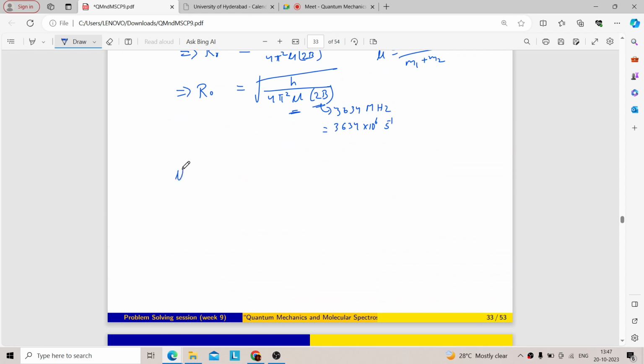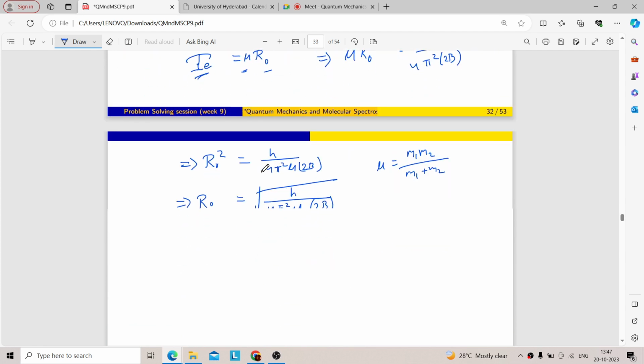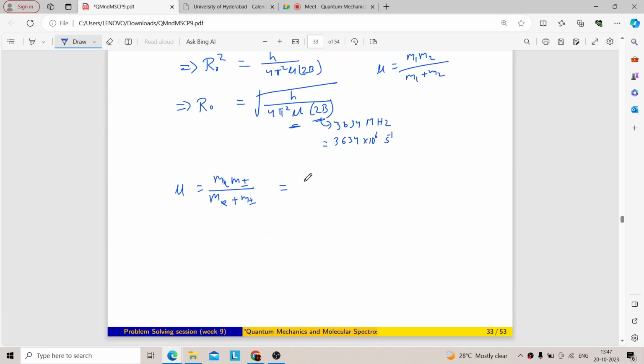Let me write down here: mass of potassium times mass of iodine divided by mass of potassium plus mass of iodine. So this will give me 39 times 127 divided by 39 plus 127.